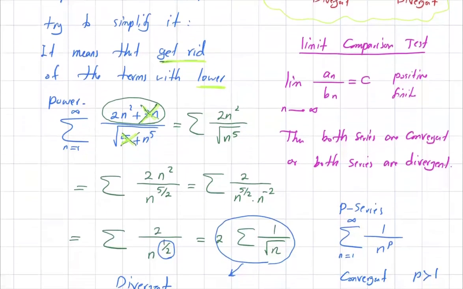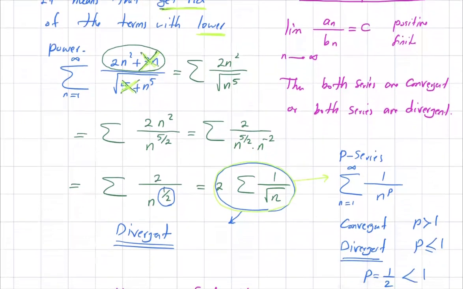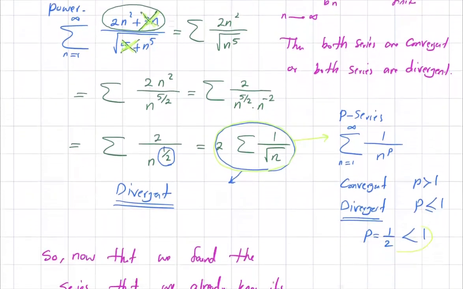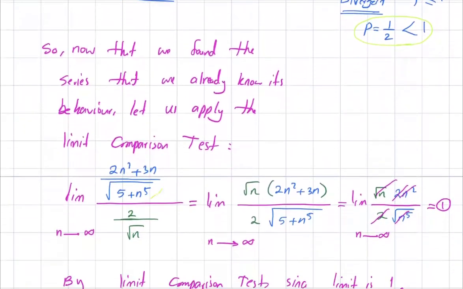And after simplifying everything, you end up with 2 times the series of 1 divided by square root of n, which is a p series, and it is divergent. Because p is a half, which is less than 1, you get a divergent series. So you already know the behavior of this series. Now, let us apply the limit comparison test and find the limit of the division between these two.